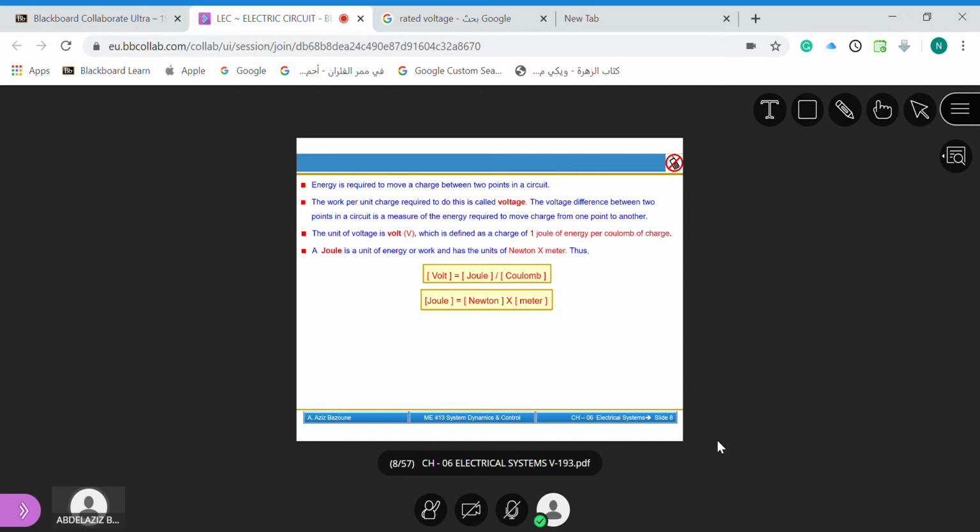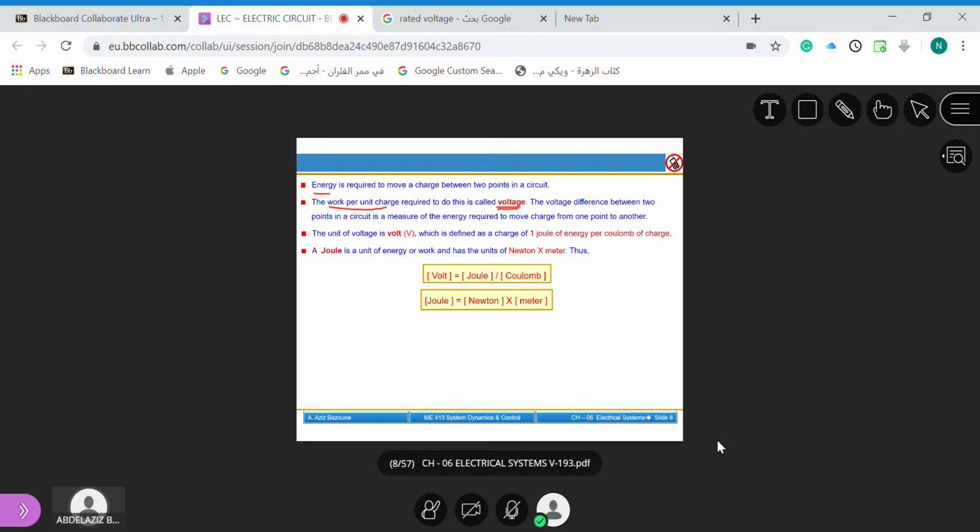Energy is required to move a charge between 2 points in a circuit. The work per unit charge required to do this is called voltage. Here we have the voltage: to do the work to produce 1 volt is the work per unit charge. The voltage difference between 2 points in a circuit is a measure of the energy required to move the charge from one point to another point.